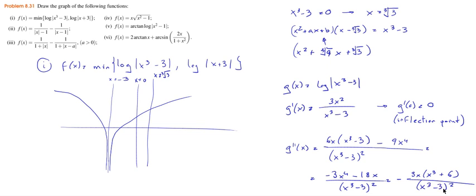So this is minus 3x times x cubed plus 6, divided by x cubed minus 3 squared. The denominator is always going to be positive. Then we have an inflection point at 0 and an inflection point at the root of this, which is minus the cubic root of 6, or the cubic root of minus 6 if you want. It's the same thing. And so this is going to be somewhere here between 0 and minus 3, right? The cubic root of 6 is going to be smaller than 2.